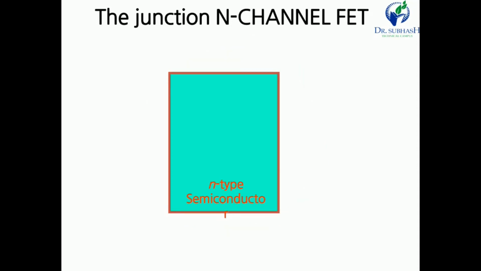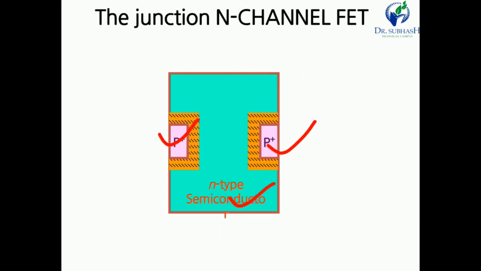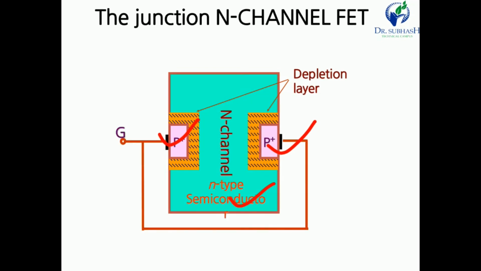So let's start with one point at a time. The first, this is the N type semiconductor, and these are the P type. These two P type semiconductors are the gate. Let's see the old diagram first, then we can understand easily.